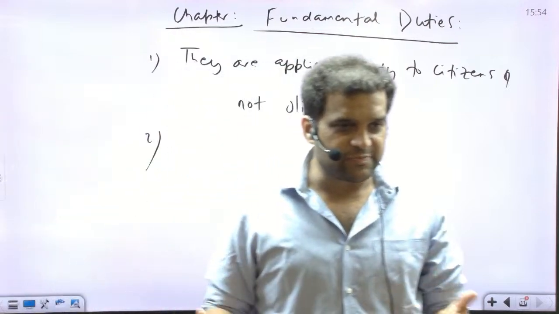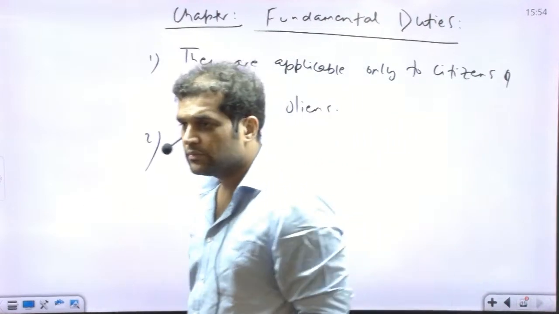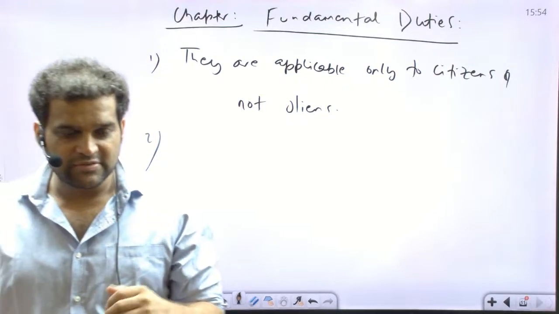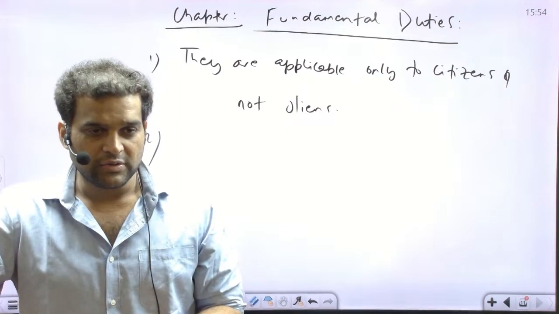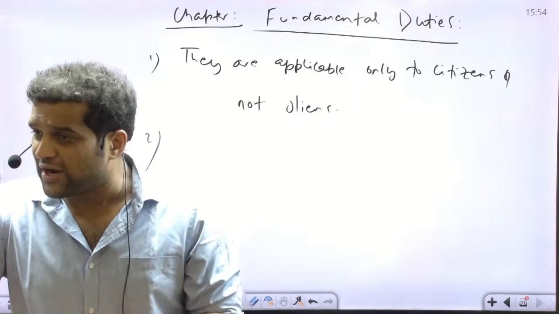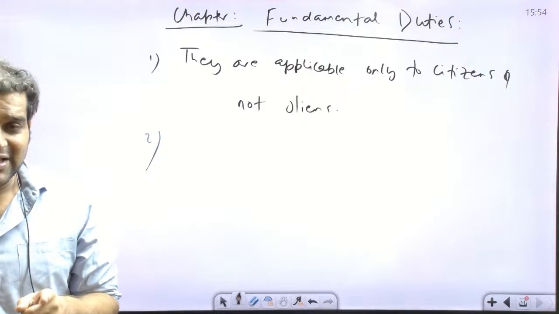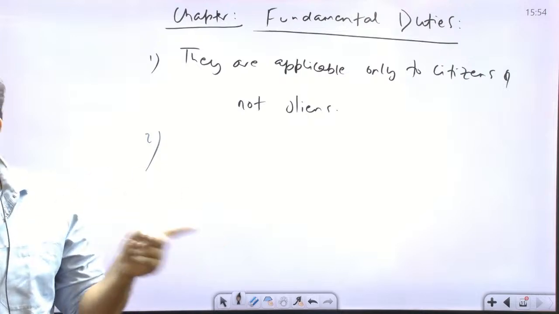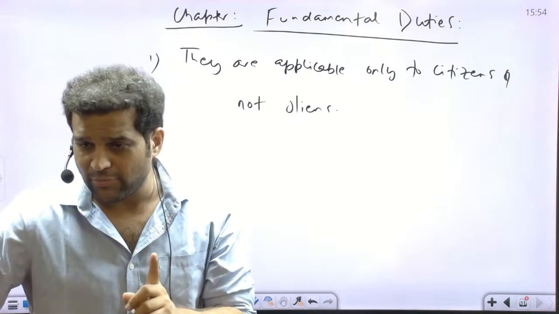And as a sign of respect, everybody stands up. Let's say in a hall full of 500 people, everybody is giving respect to the national anthem by standing, and I'm sitting on my seat. So am I fulfilling my fundamental duty? No. But can I be punished for it? No. Because these duties are non-justiciable. Unless the government enacts a specific law regarding it, I cannot be punished by any authority, any government. Getting my point? Yes or no?